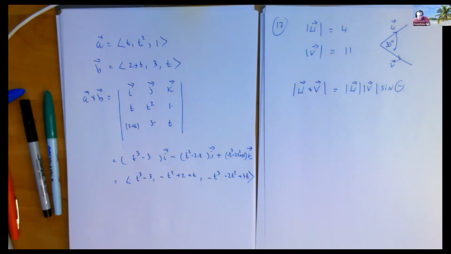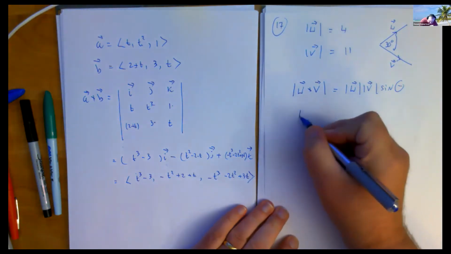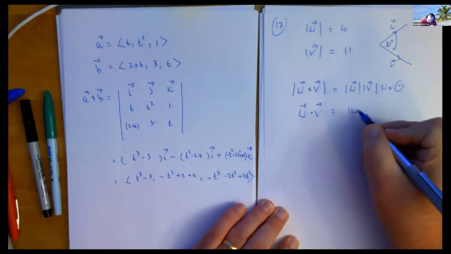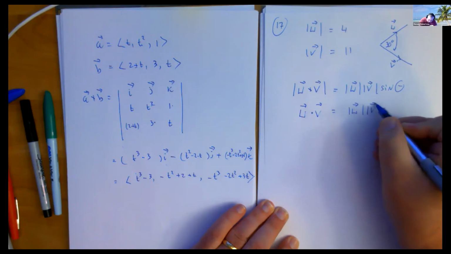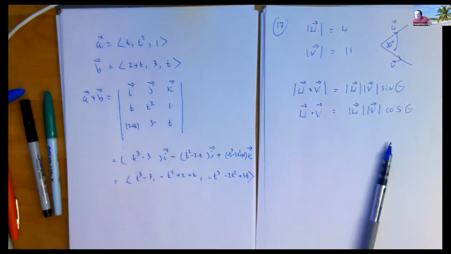I think it was at the end of lesson 1, it might have been the end of lesson 2, I can't remember now, I think it was 1, where I was doing the dot product. And I was saying, look, the dot product is this guy here. Can you see how I got them mixed up in my poor brain?